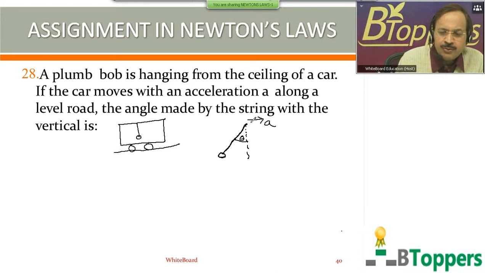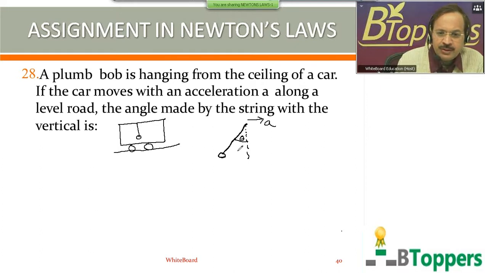So when the car moves horizontally with an acceleration of magnitude A, the point of suspension also moves towards right with the same acceleration A. The acceleration of the car is constant. Then this theta, that is the angle which the string makes with the downward vertical, will also be constant.